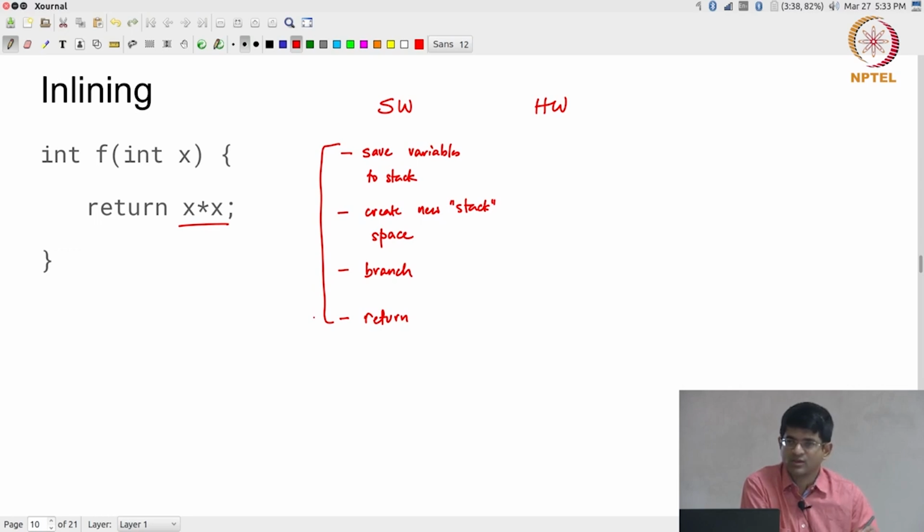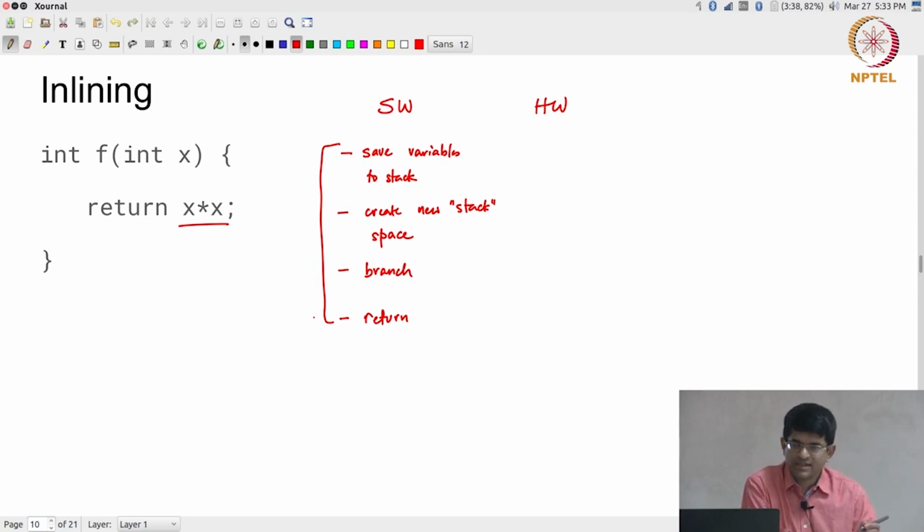If I can write a function square which will actually just return x into x, that is a nice way of doing it because I can understand what is happening. I could also have done this using a macro, a hash define, but in some cases macros are a bit clumsy, they are not exactly the equivalent of functions. There is a potential for things going wrong because they are just doing some pre-processing, they are not really doing compilation and no optimizations over there.